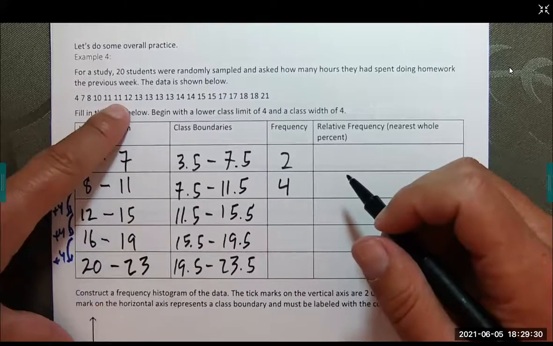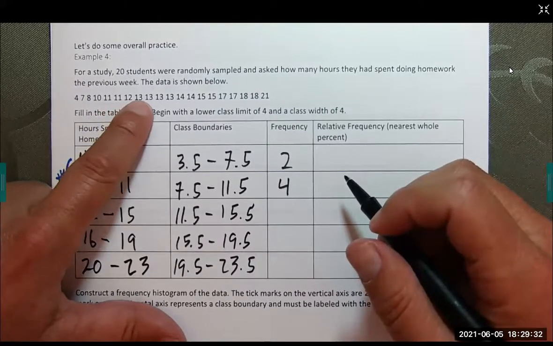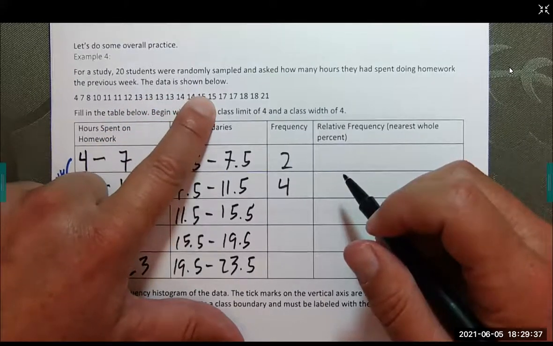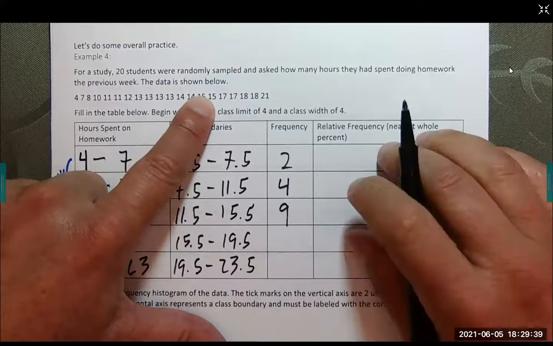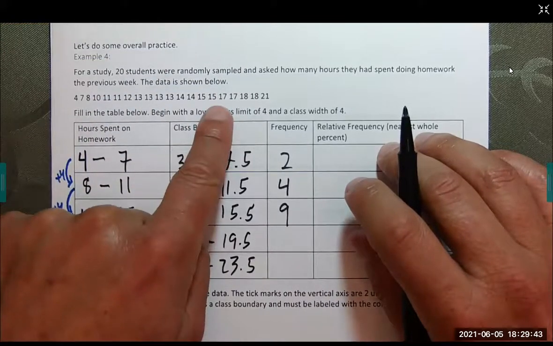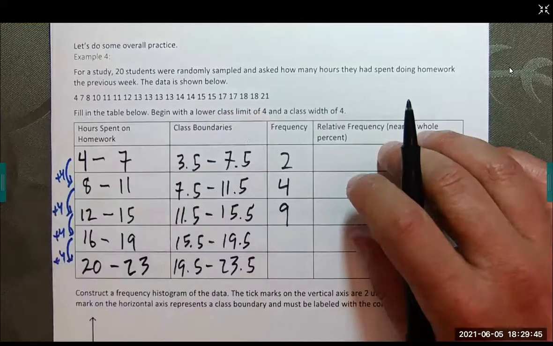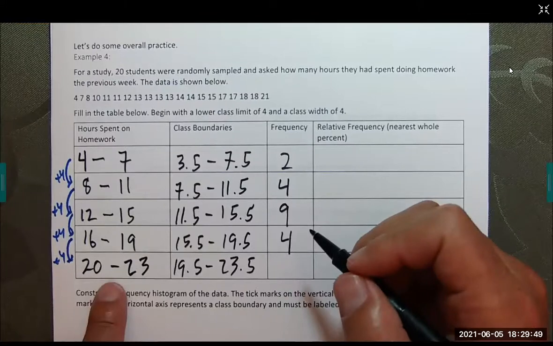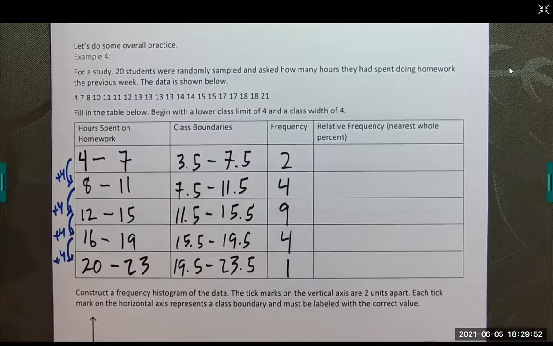And between 12 and 15, 1, 2, 3, 4, 5, 6, 7, 8, 9. Wow. And how many are between 16 and 19? 1, 2, 3, 4 are. And how many are between 20 and 23? Just 1. So there we are.